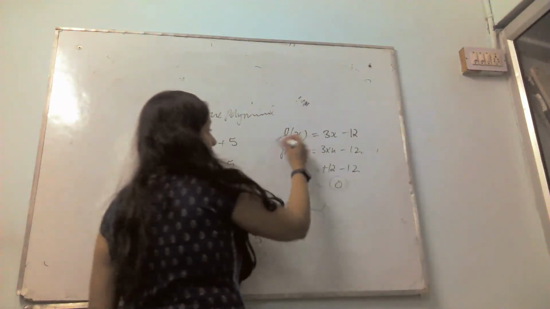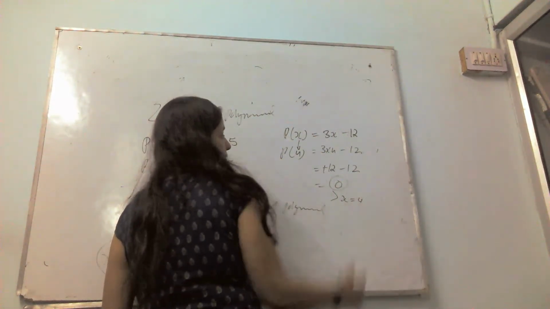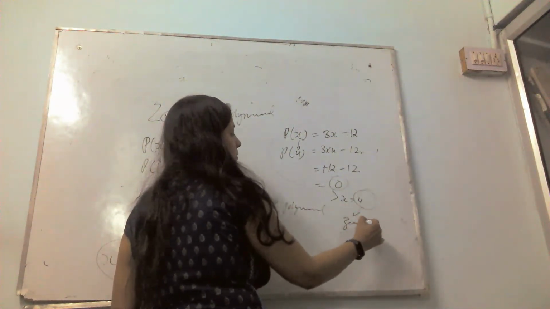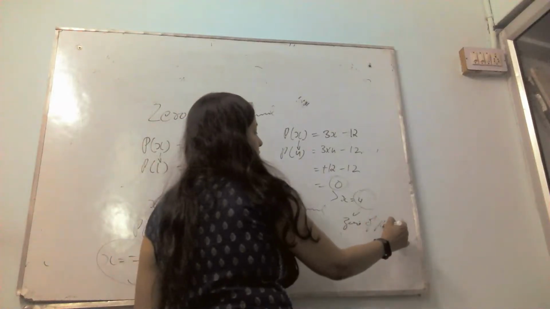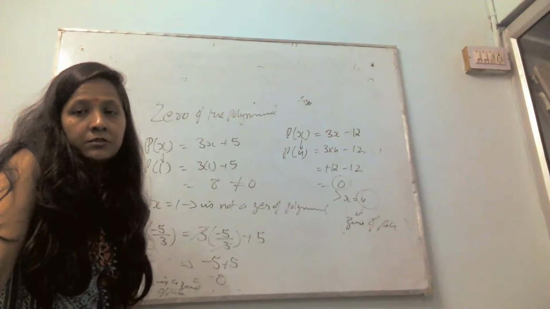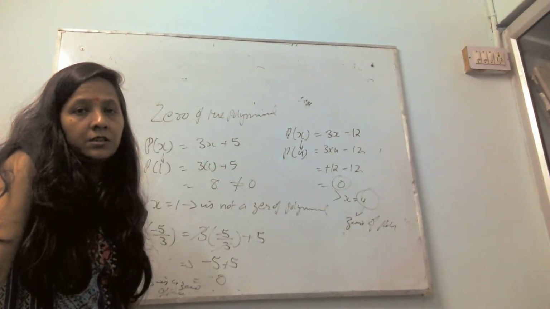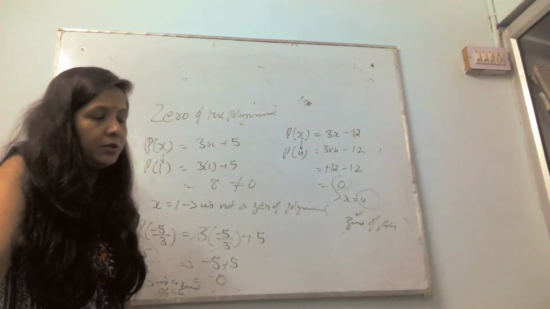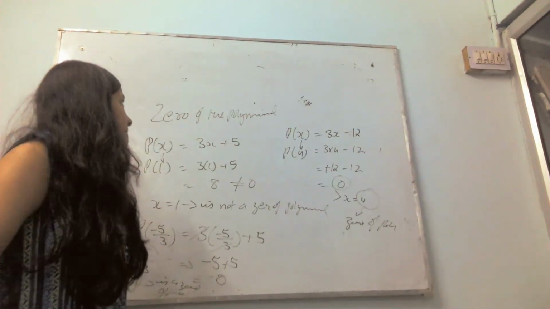That means x equals 4 is the zero of the polynomial. The value of the variable that does this is called the zero of the polynomial.